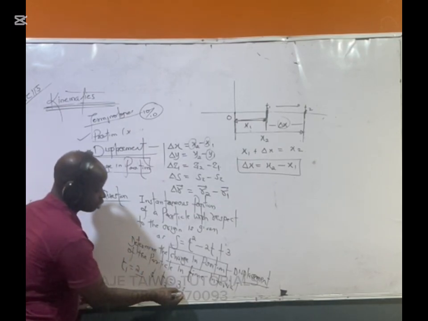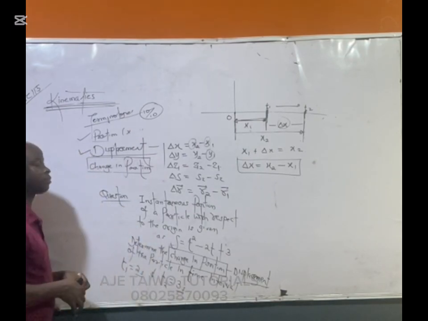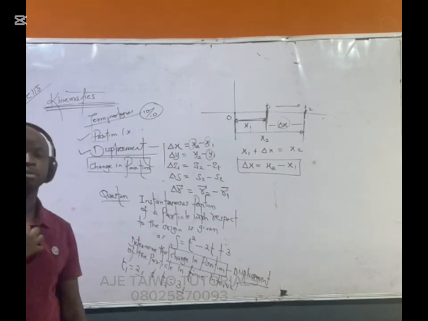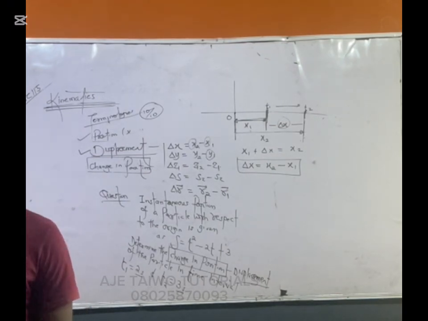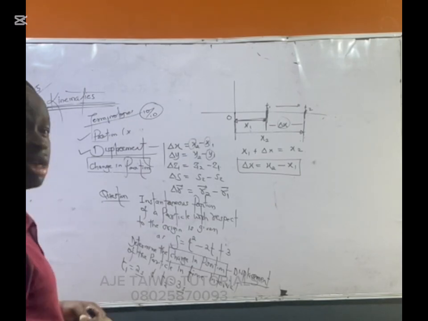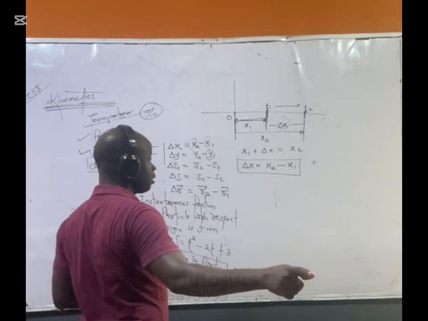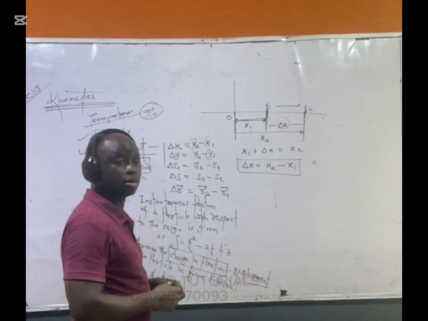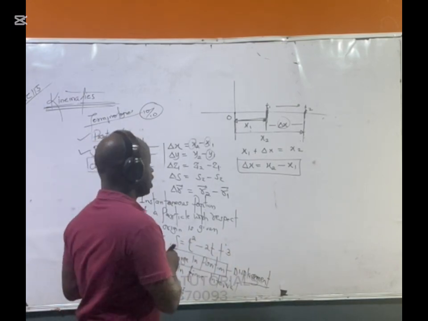And t2, 3 seconds. Change in position is 3 meters. That's not 3 meters. Good. So let's see.